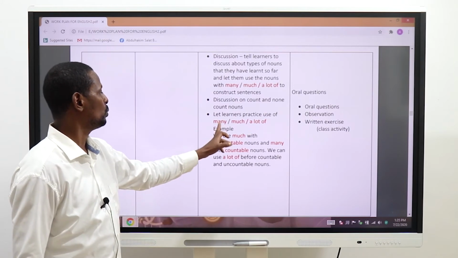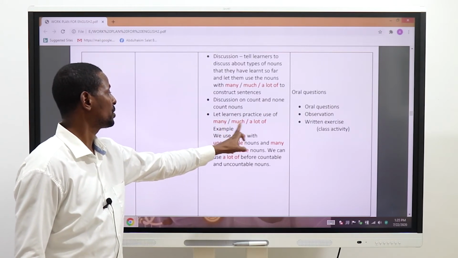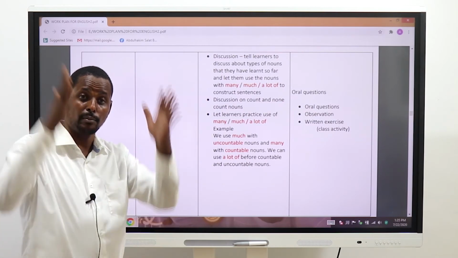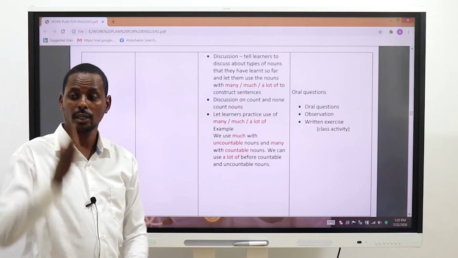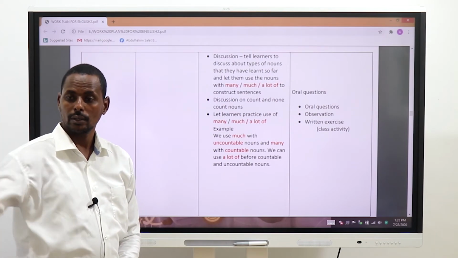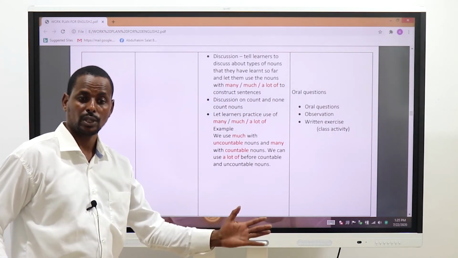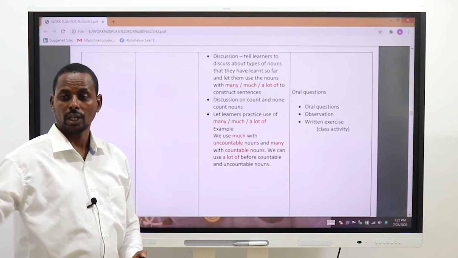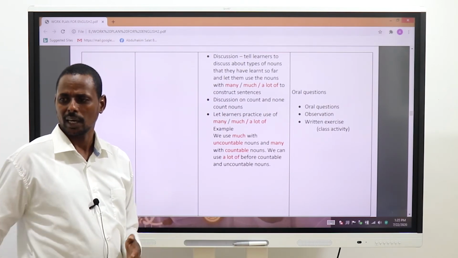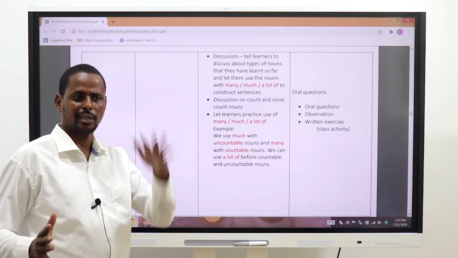Will we use many? Will we use much? Let them list count nouns and non-count nouns. These are non-count nouns, these are count nouns. Water, salt, milk, boy, girl, car.